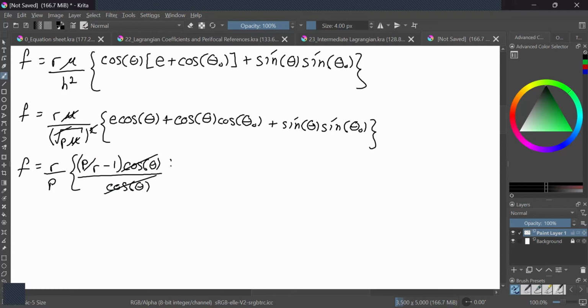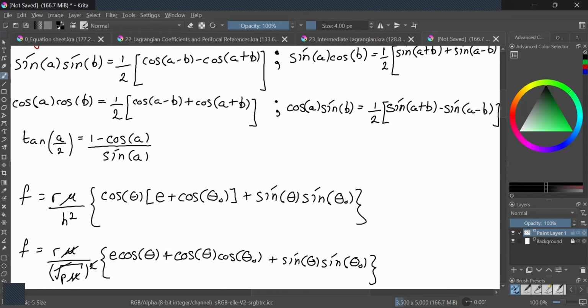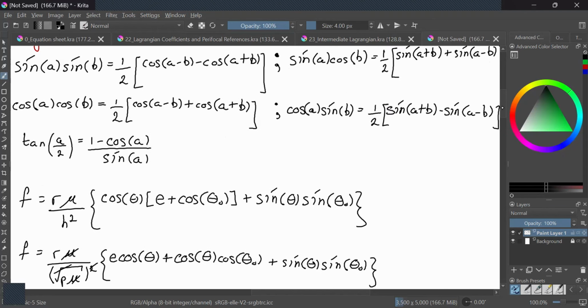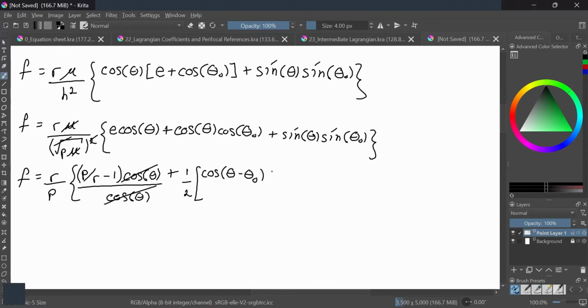Cosines will cancel. Plus, now I have cosine times cosine naught. It's going to be this equation here we're going to refer to. So 1/2 cosine A minus B, 1/2 cosine theta minus theta naught. Right, I said A minus B. It is A minus B plus cosine of A plus B, plus the cosine of theta plus theta naught.